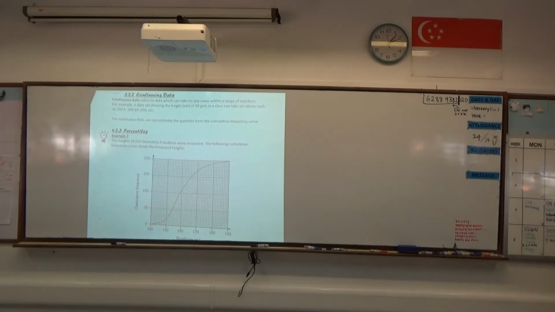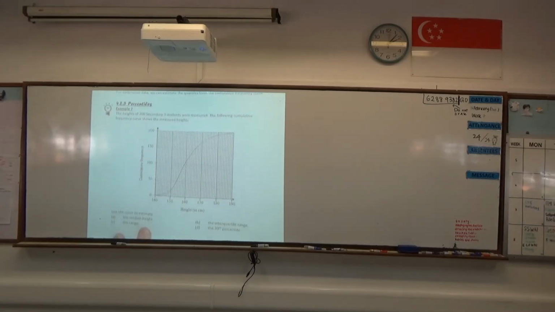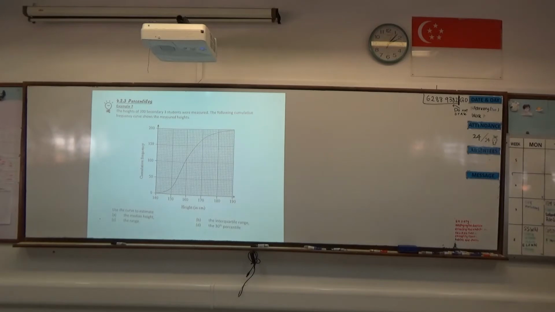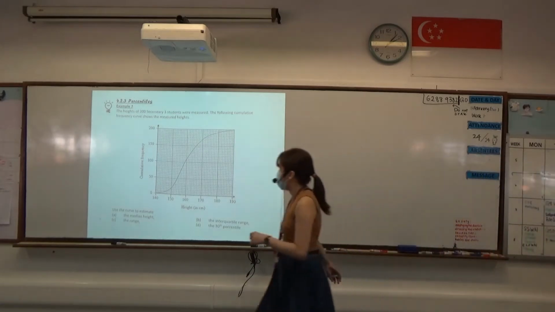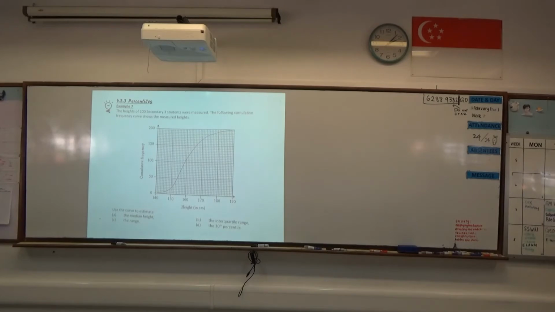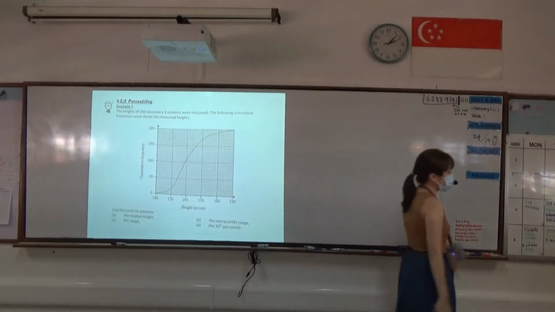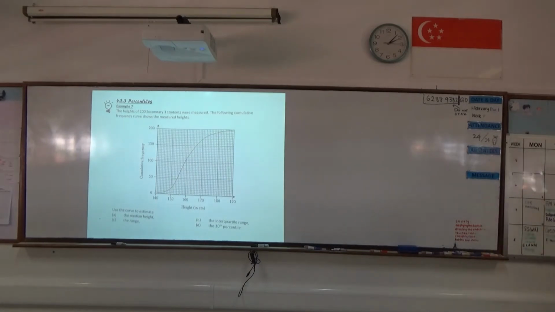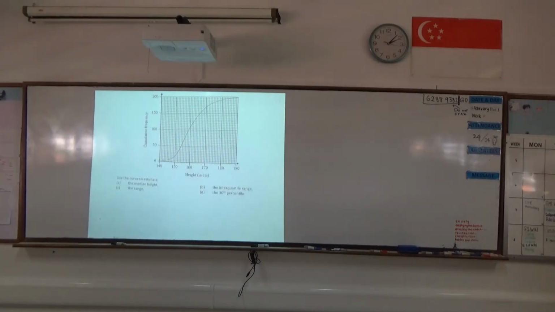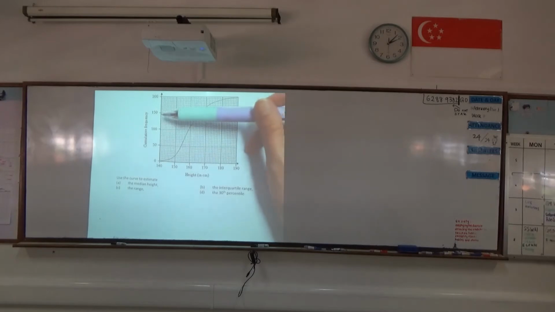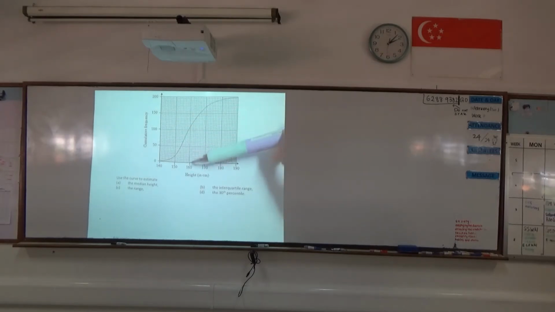Looking at example 7, it says that the heights of 200 secondary 3 students were measured. The following cumulative frequency curve shows the measured heights. We're going to learn how to make use of the cumulative frequency curve to estimate the median, interquartile range, and so on, to find out other data. Earlier, we were only able to identify the number of people that are of a certain height or lesser.